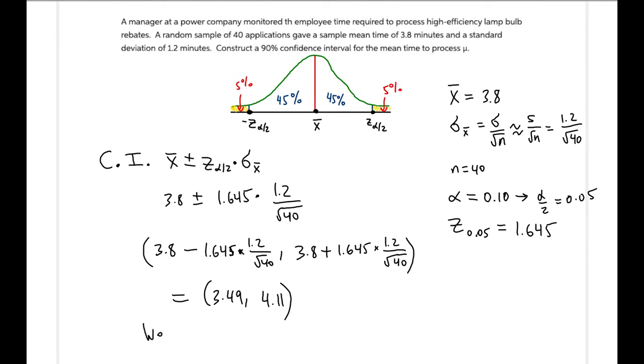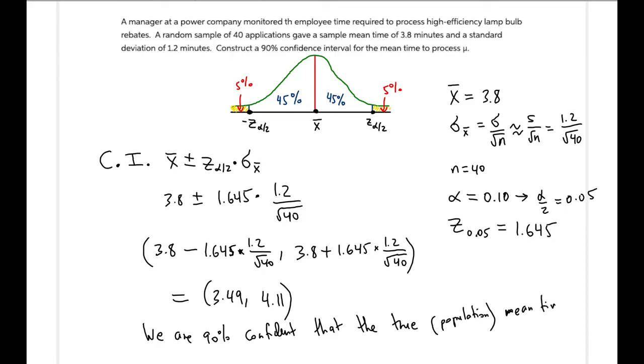It means we are 90% confident that the true, and we can say population, mean time will be between 3.49 and 4.11 minutes.